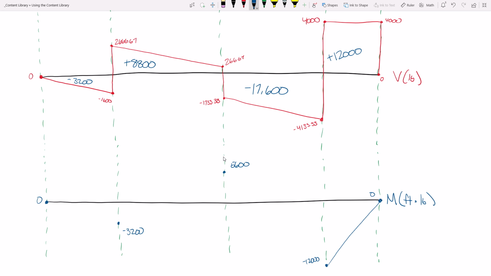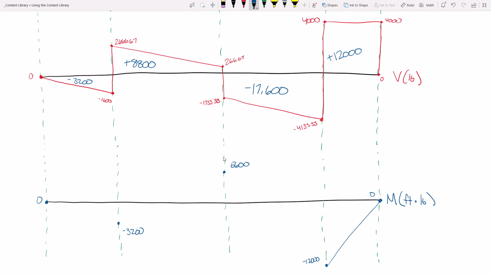So we're going to start here, work our way over. I want everybody to pay attention right here. Let's start. Everybody, eyes up. Okay, this one. Look at the shear diagram. In terms of magnitude, we go from a tiny amount of shear to a lot of shear. Small amount of shear to a big amount.